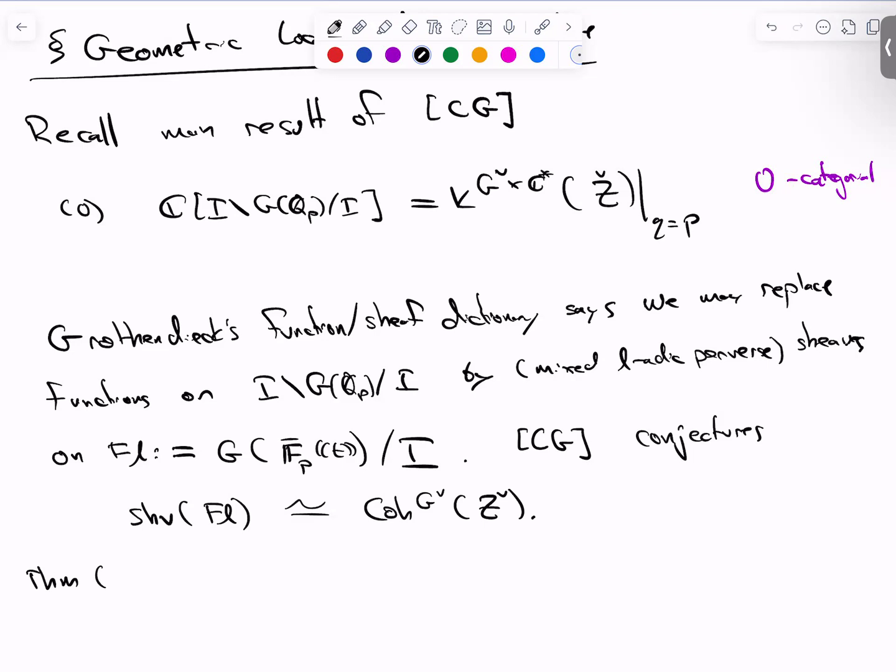I believe that if I replace Q_p here by F_p bracket T, it's the same thing. I don't know, one of the experts can help.